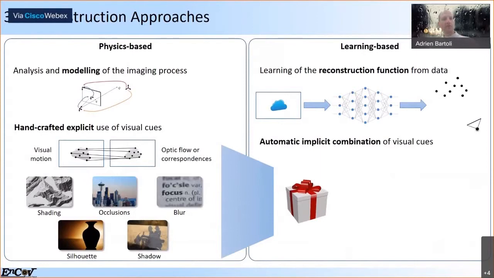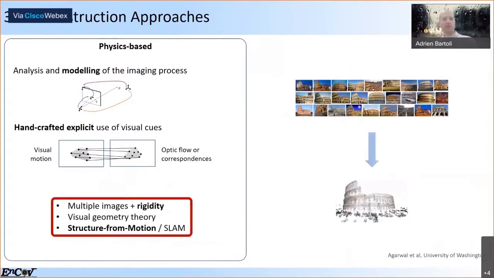I'm going to discuss this physics-based approach to 3D reconstruction mostly in this presentation, in the case where we have deformations. Classically, this has been studied a lot with the assumption of rigidity.